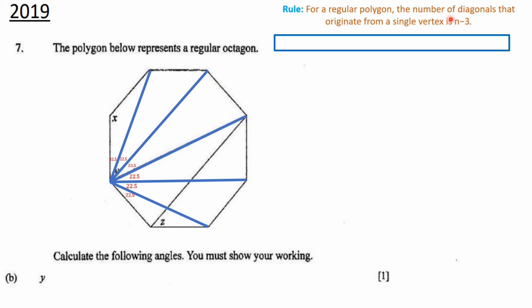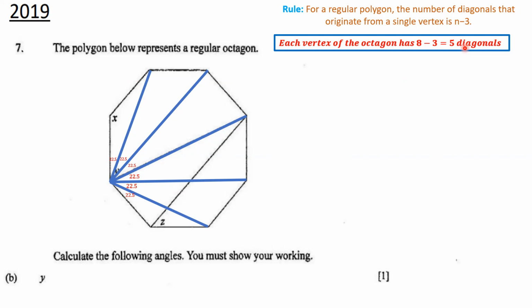Now, how many sides does this polygon have? It has 8 sides, and so for each vertex of the octagon, we have n minus 3, which is 8 minus 3, which equals 5 diagonals. Each one of these vertices is going to have 5 diagonals springing forth from it.